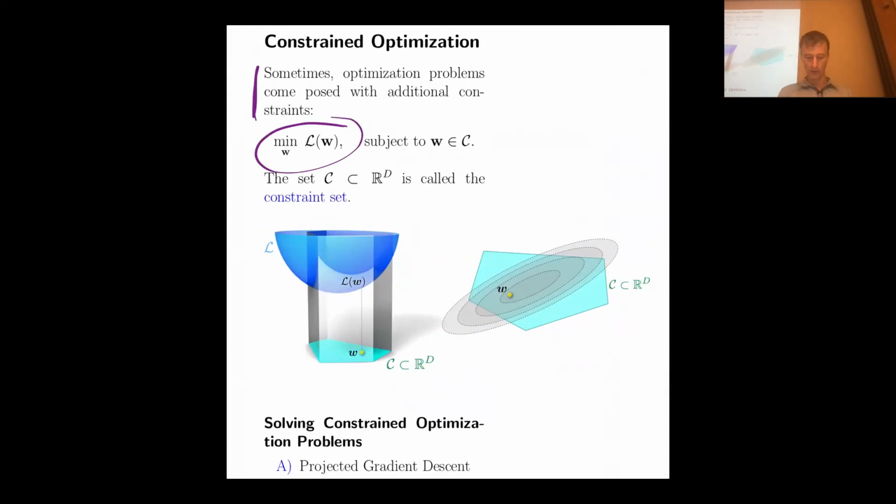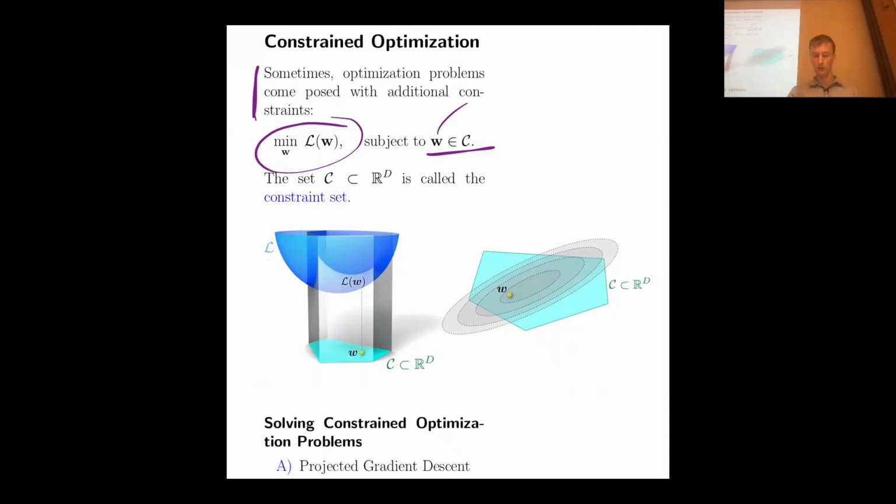But what if there are constraints coming into play, which might be physical constraints, right? If you have a robot, and you are optimizing over the body positions of the robot, then you must have a constraint that the arm is attached to the body somewhere. So that's one possibility where constraints can come in.